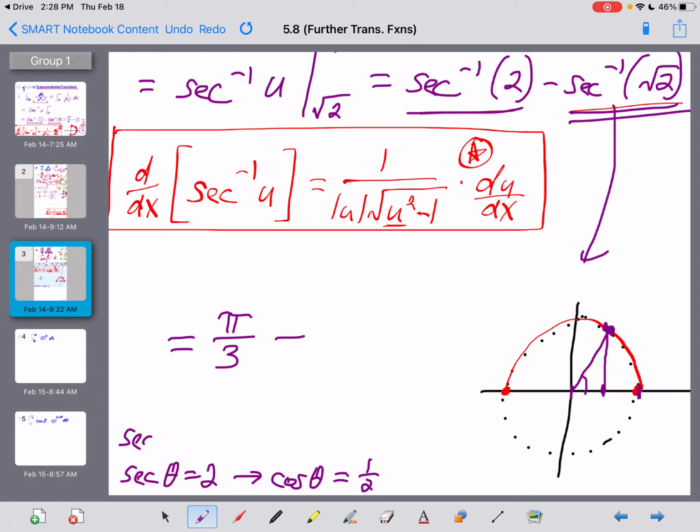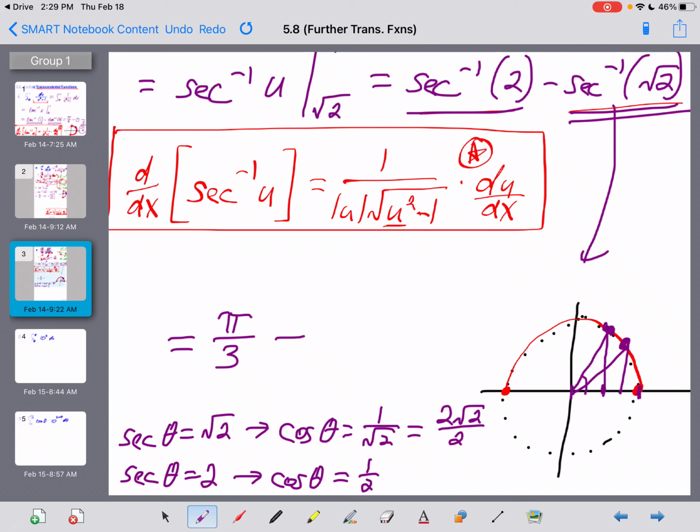So if we wanted to know where secant of theta was equal to the square root of 2, that's the same as knowing where the cosine of theta is 1 over root 2, or, as I know it better, root 2 over 2. And our x value is root 2 over 2, all right, guys, right there at pi over 4.